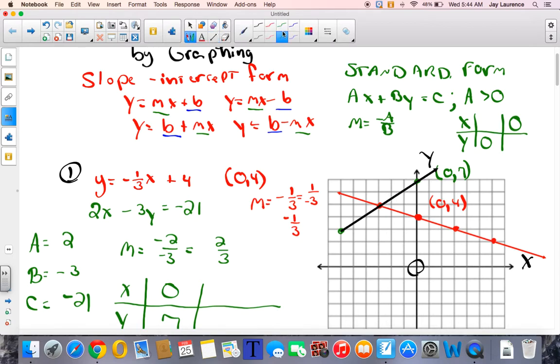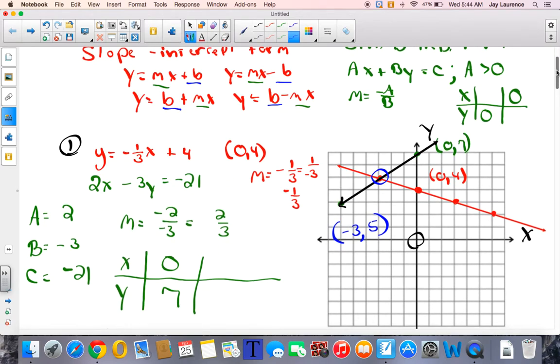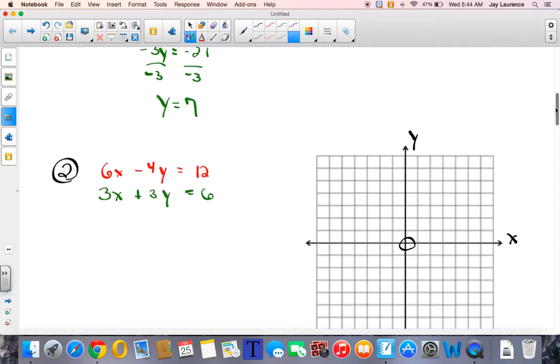I always have to get an arrowhead on here, like so. And my solution occurs right here at this point. So the solution to this system is the point (-3, 5). That is the solution to this system. So to find a solution to a system of equations means to find out where they intersect.